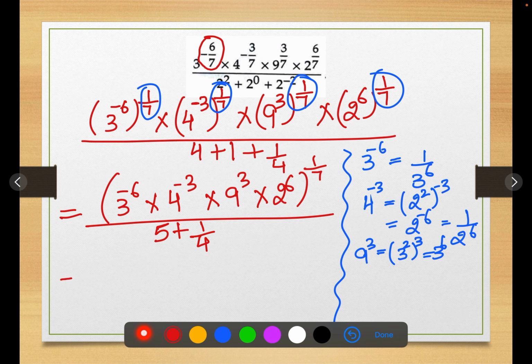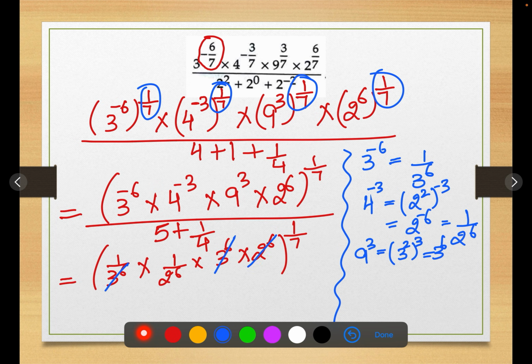So here, if you see, my question turns out to be 1 upon 3 to the power 6 multiplied by 1 upon 2 to the power 6, multiplied by 3 to the power 6 into 2 to the power 6, whole to the power 1 upon 7. Here, now, I can reduce this and this and this.